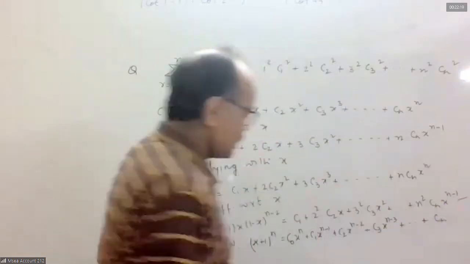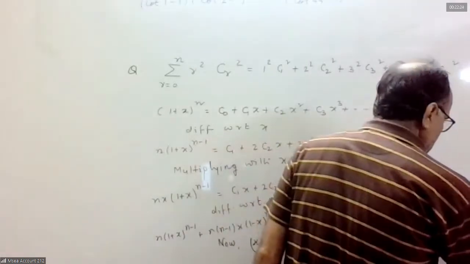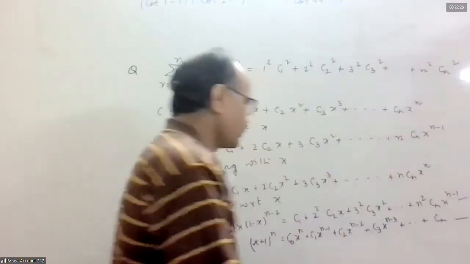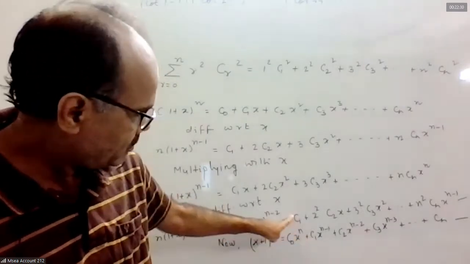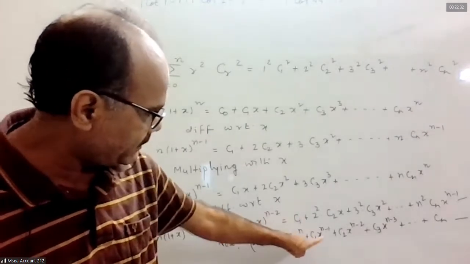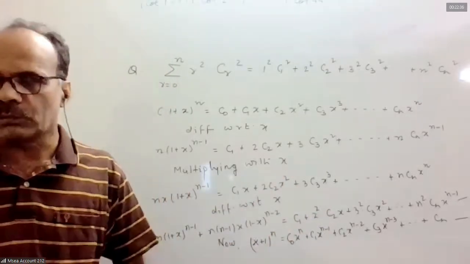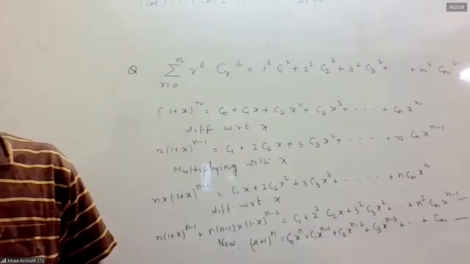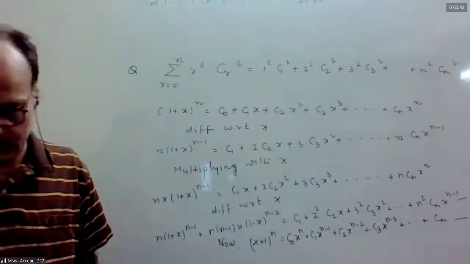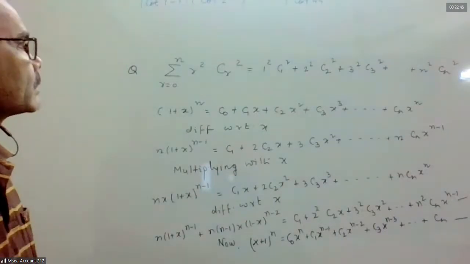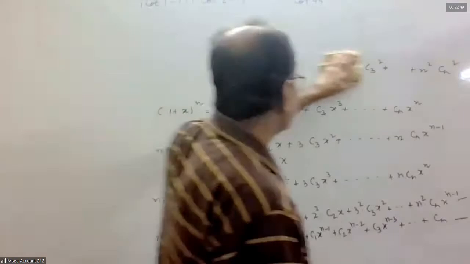Now multiplying 1 and 2, which coefficient should we equate? Multiplying 1 and 2 and equating coefficients of x to the power n minus 1 on both sides. I'm writing it to simplify.